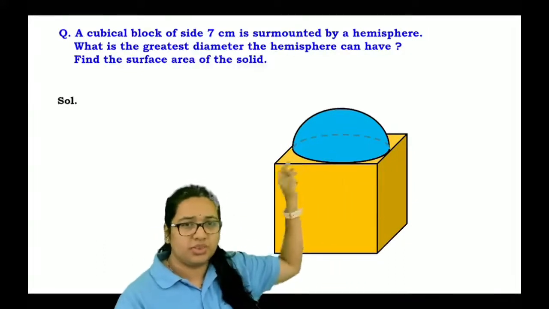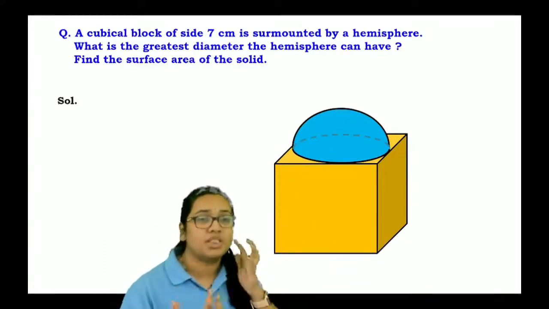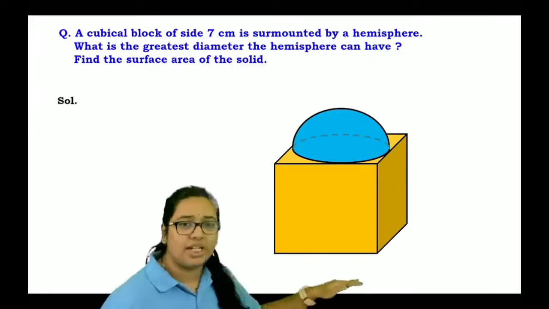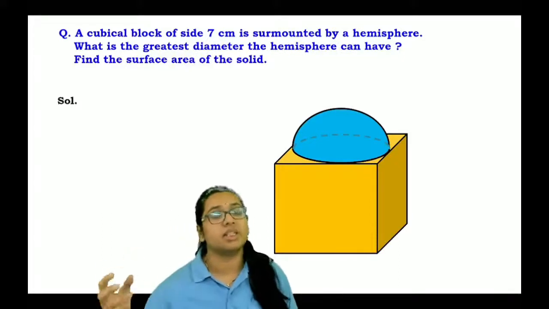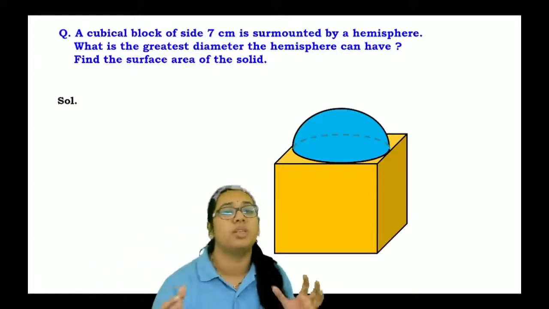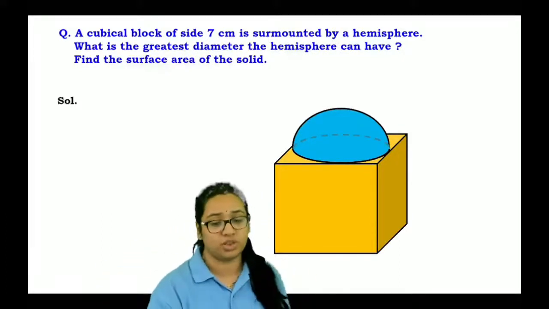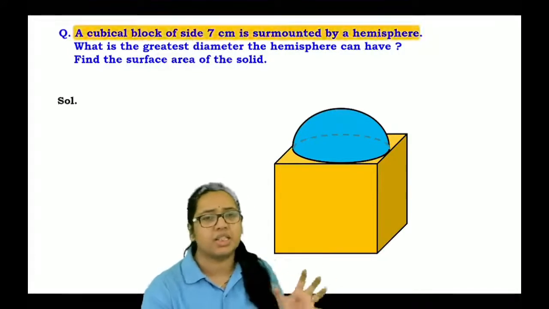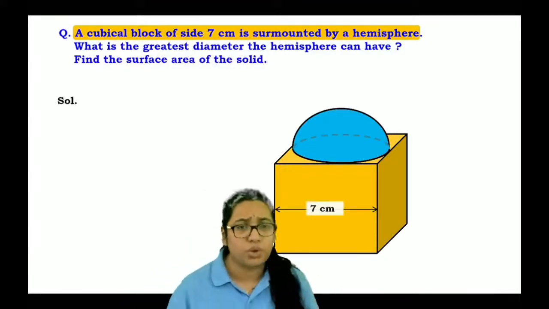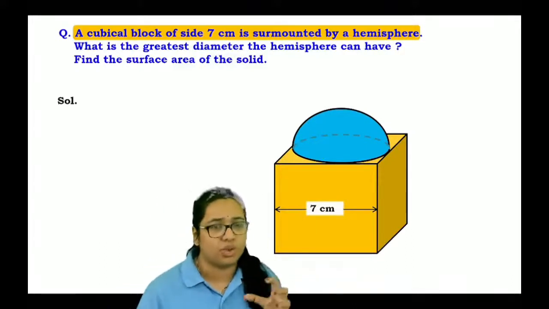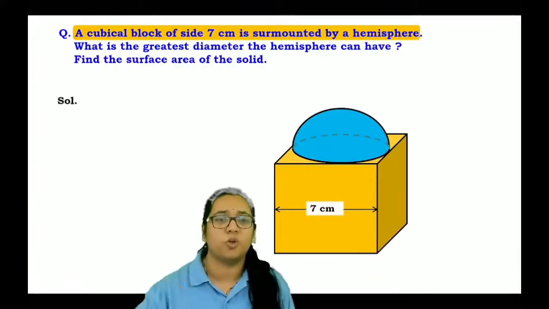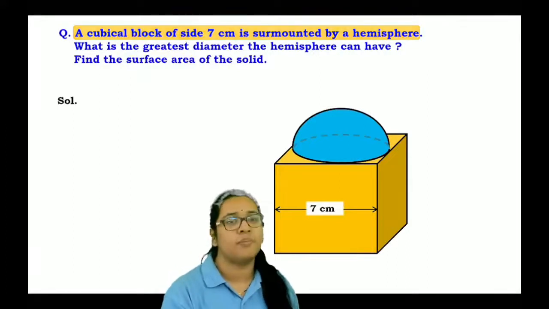Can you see this one? Obviously, it will be equal to the side of the cubical block only. Then second, we have to find the surface area of the solid. Surface area means suppose we want to cover the whole figure, then we have to calculate how many square centimeters we need.